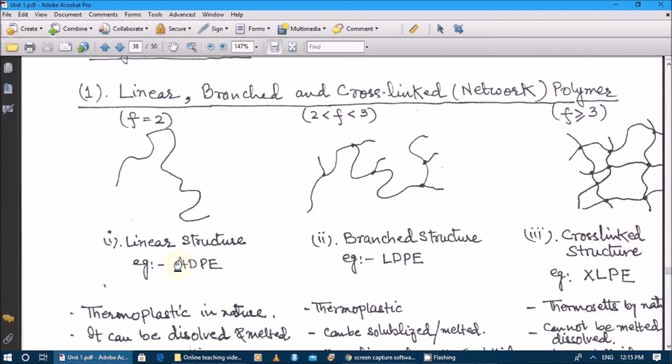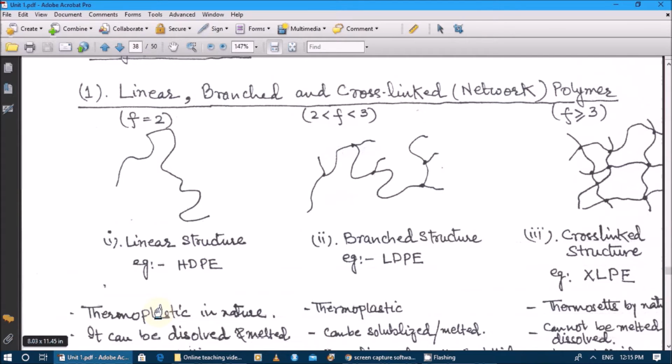So here is an example: polyethylene. Polyethylene comes in different types. Let's say high density polyethylene, which is an entirely linear polymer structure, and you can see the functionality of ethylene is 2. So it is going to form the entirely linear structure.